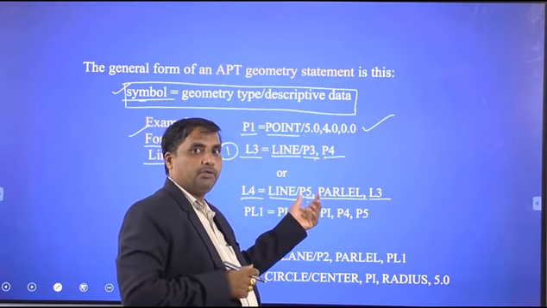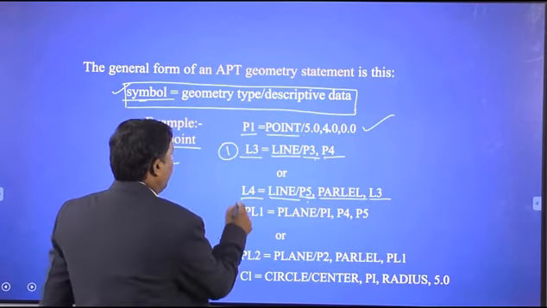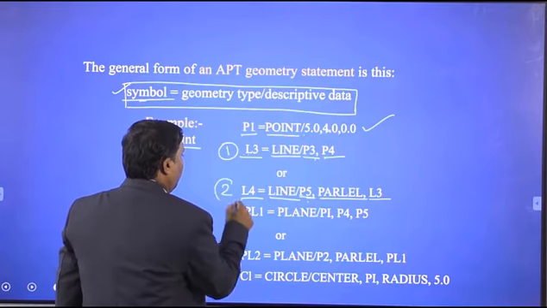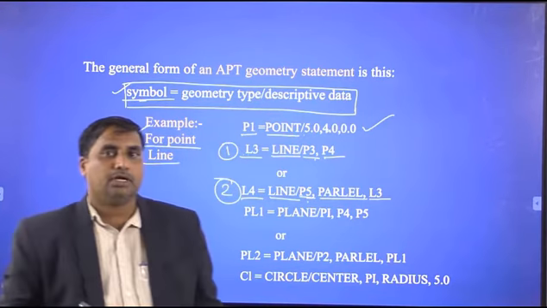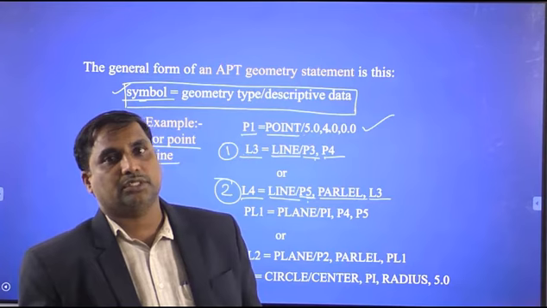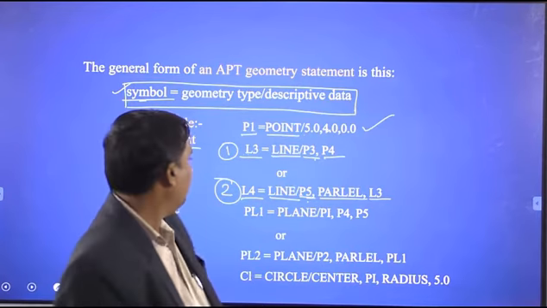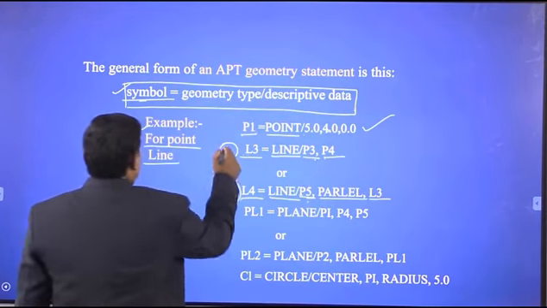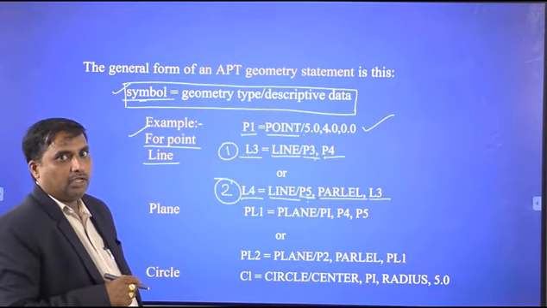Like this, depending upon the data given, we can define the straight line in another way. So these are the two methods by which we generally define a straight line.